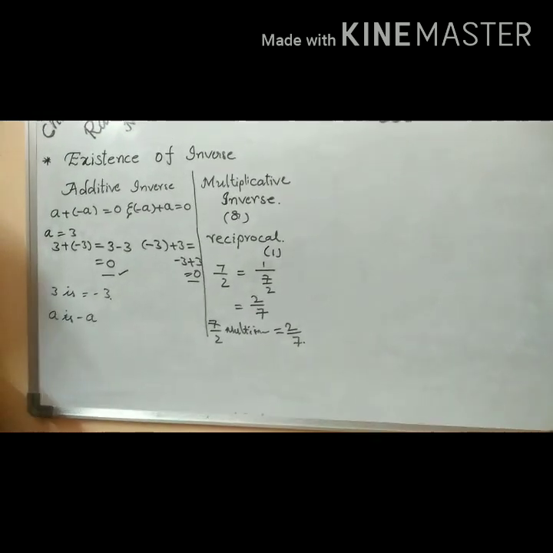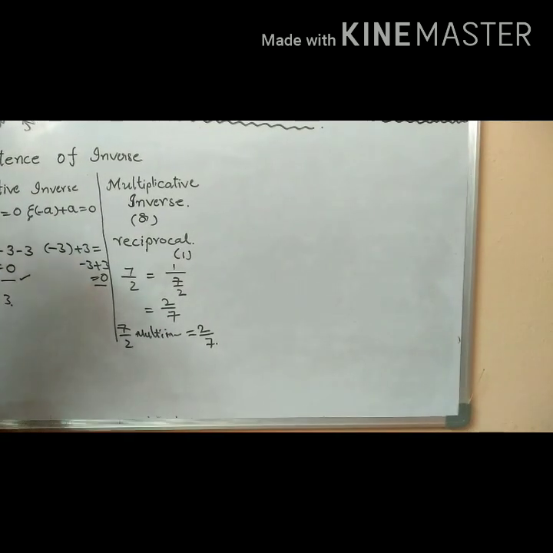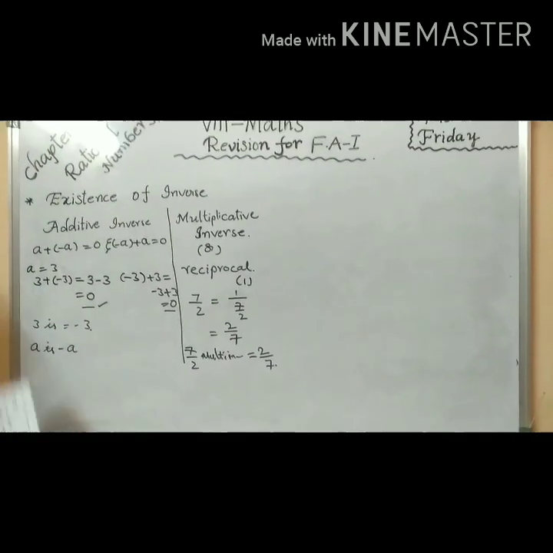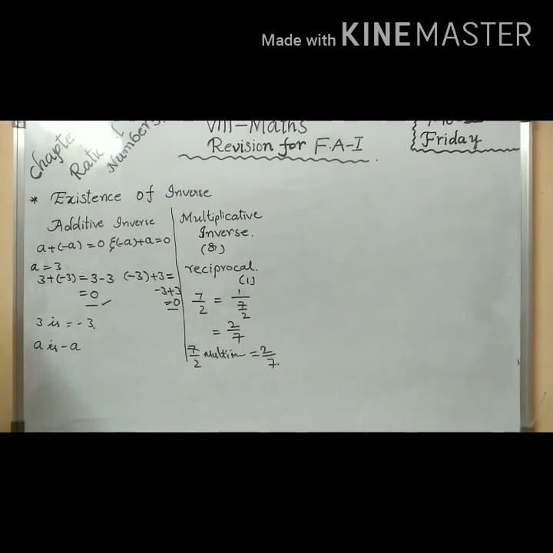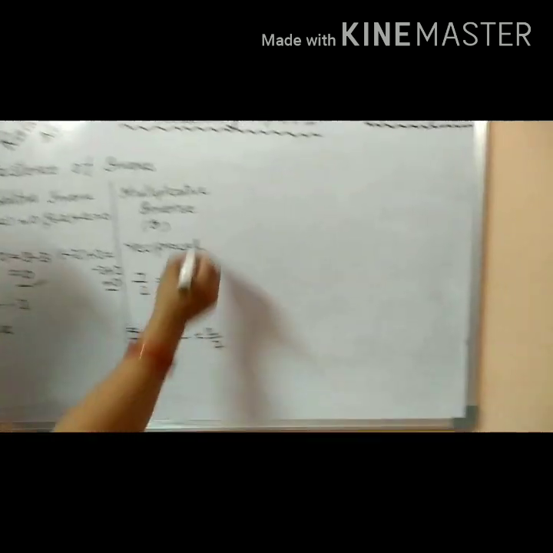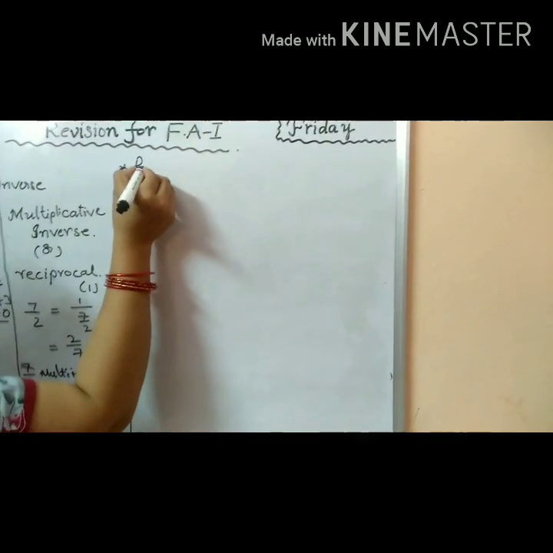And the next topic is the representation of rational numbers on a number line. What is the next topic?